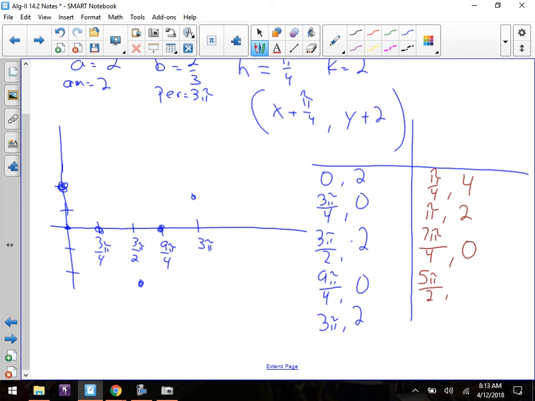I mean, you should. You're supposed to because fractions are always simplified. So, yes. And then, let's see, 3 pi plus a fourth, so it would be 13 pi over 4.